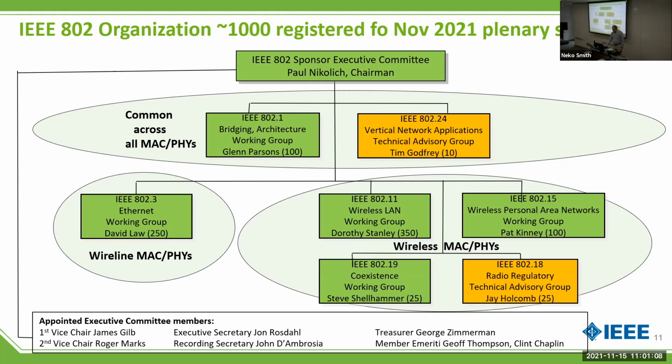Okay, so now I'm going to go into a little bit of detail of how 802 is organized. Basically, there's 802.1, which is up here, which is common across all MAC PHYs. And we also have a technical advisory group, which is vertical network applications. The reason we started that is I wanted to see if I could attract industry from various vertical networks to come into 802, explain what their needs are, and based on those needs, maybe we can spin up some projects specifically to address them.